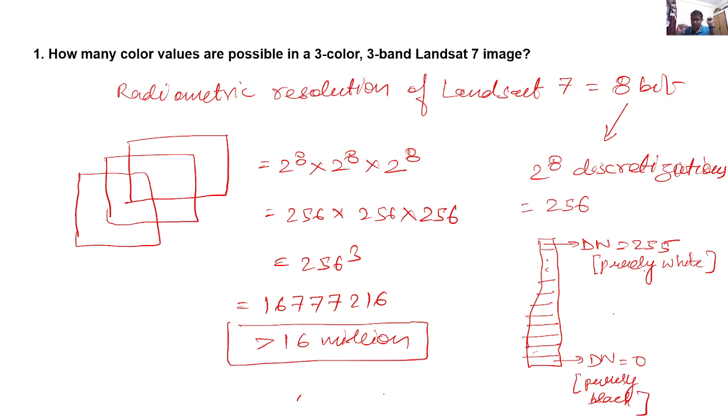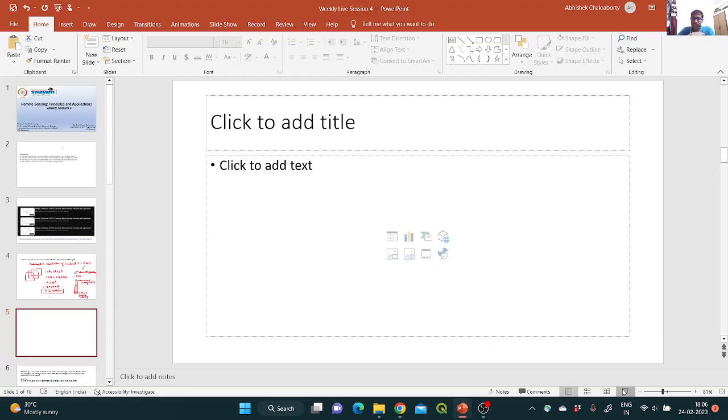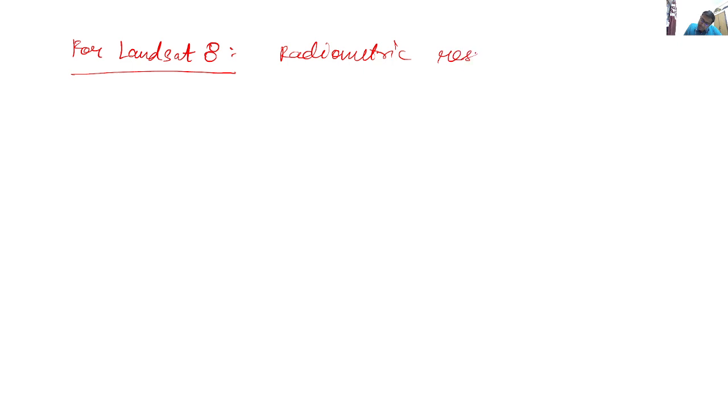Anyway, this was the case for Landsat 7. Let us wonder what would happen with Landsat 8. I would take another slide to illustrate that. For Landsat 8, we know that the radiometric resolution is finer than Landsat 7, which is actually 12 bits.